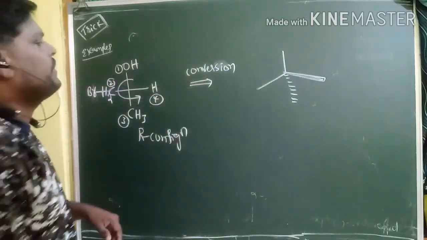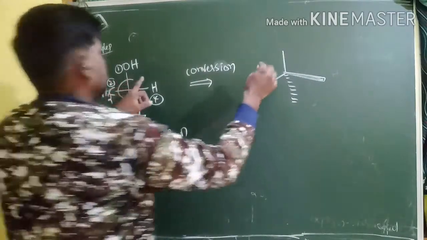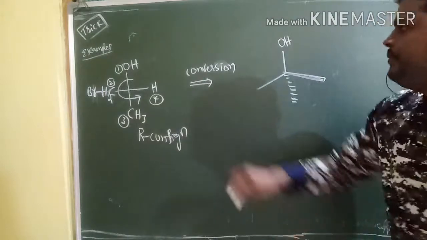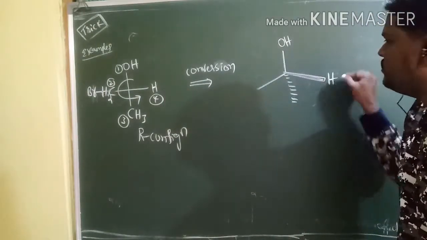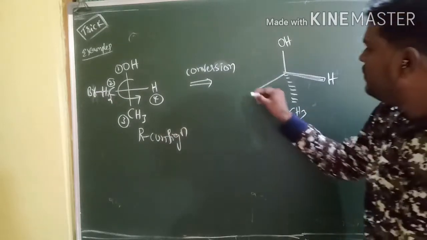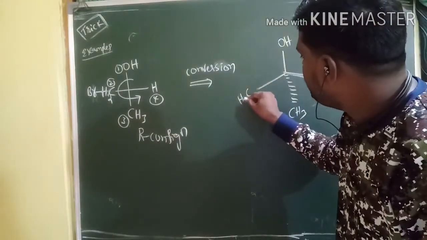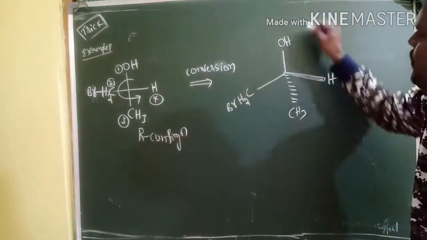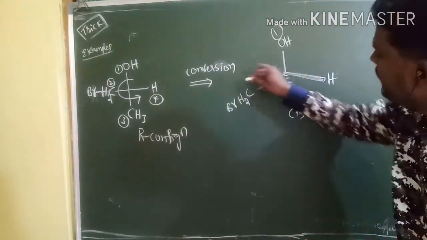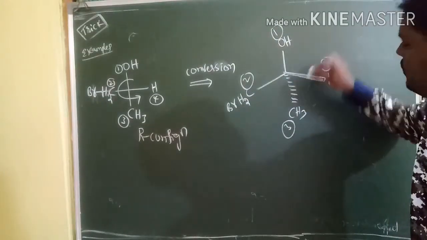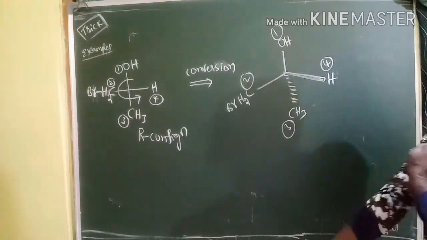Next, Wedge-dash. Here OH is there. Write down here OH. Hydrogen. CH3. Next, CH2Br. First priority, second priority, third priority, fourth priority.